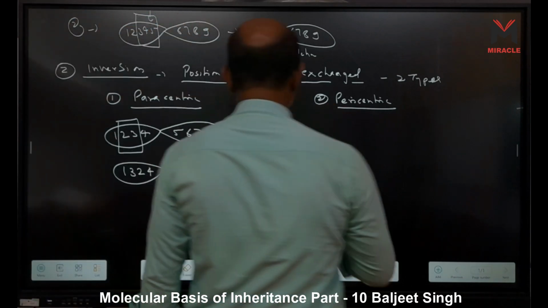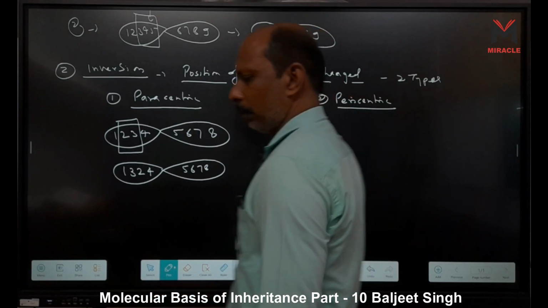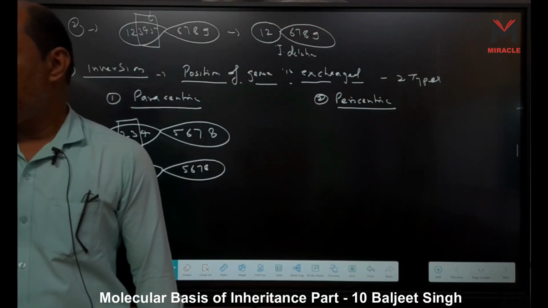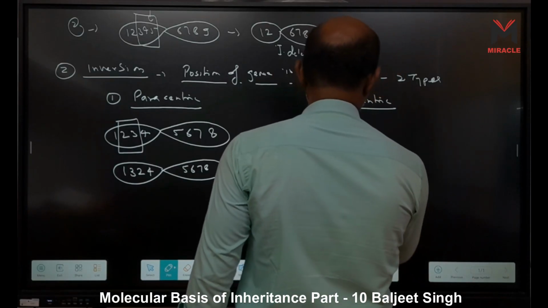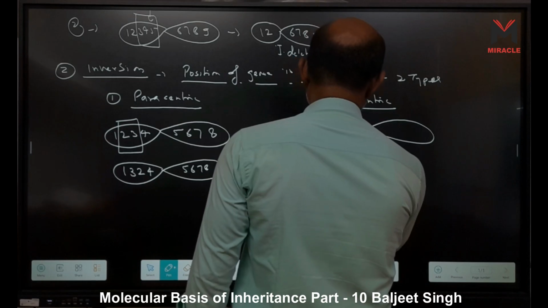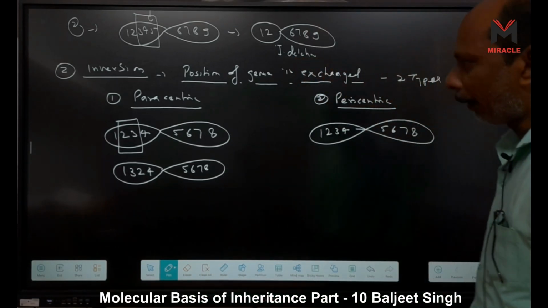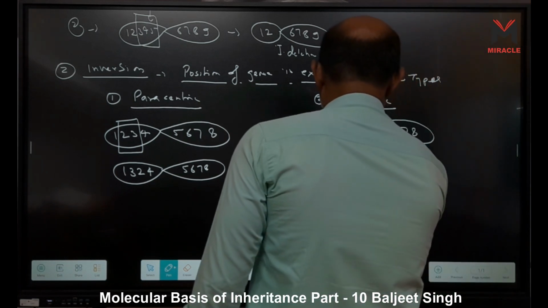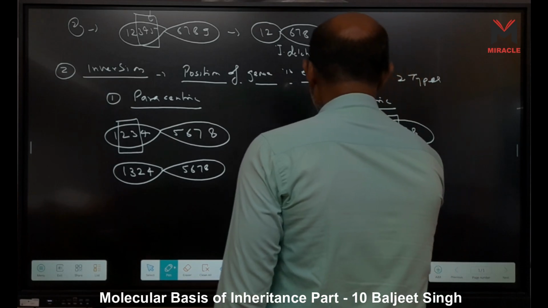And in pericentric, what happens when position is changed? These genes transfer to another arm, right? This one is a chromosome, 1, 2, 3, 4, 5, 6, 7, 8. Now here the position of 3, 4 and 5, 6 is changed.